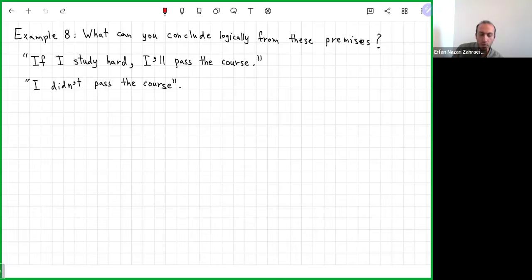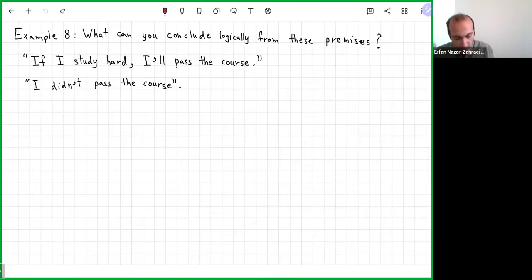What can I conclude from these statements using those logic rules of inference? You can either write your reasoning and explain in English in a paragraph, but I like to write it in propositional logic and exactly use those rules of inference.